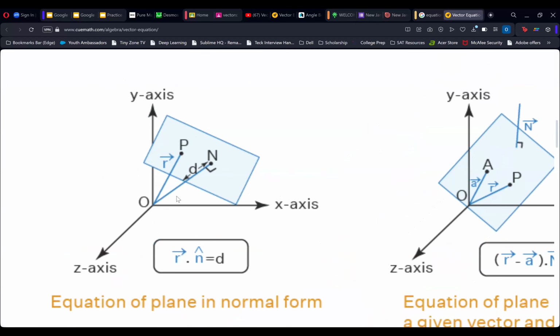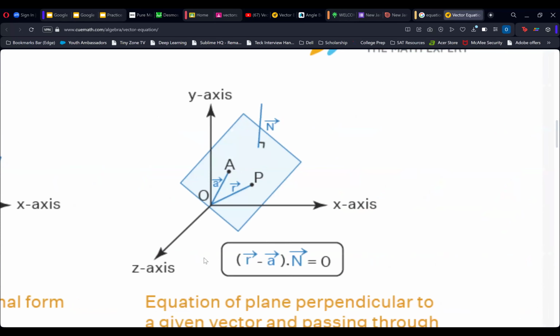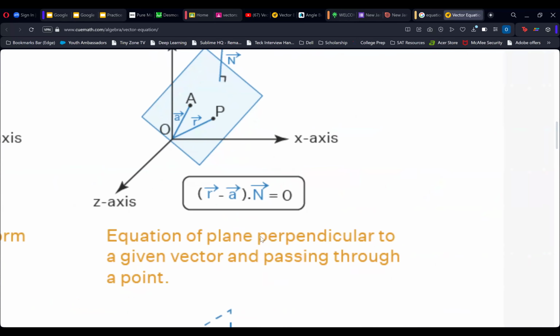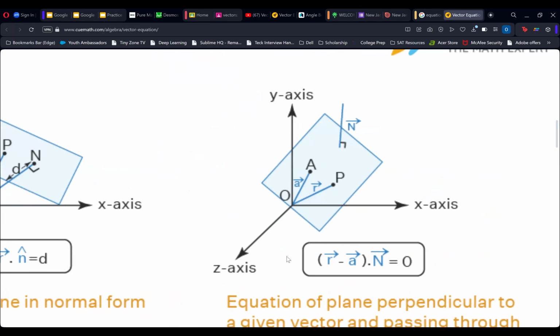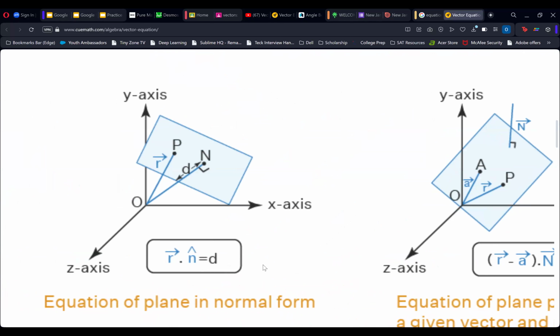If you have the point on the plane, A, and the normal to the plane, then you have this form. This form can then be turned into the normal form.